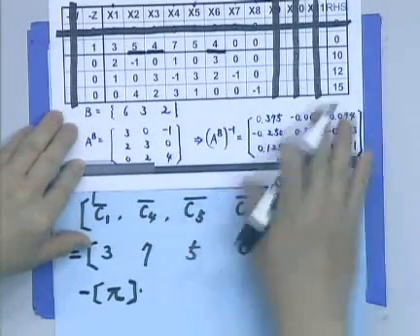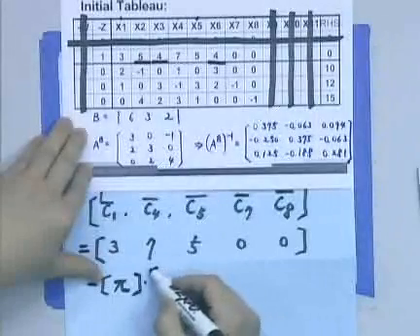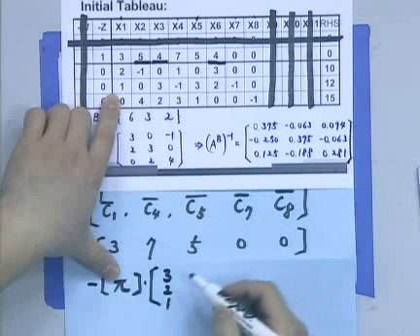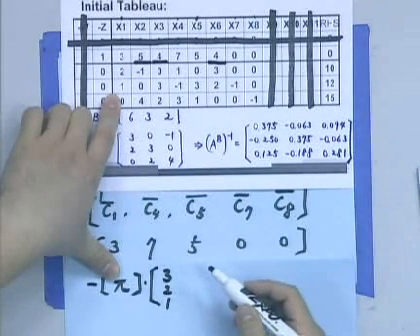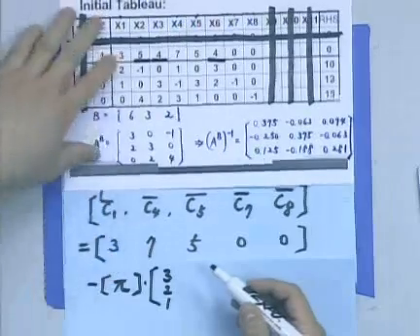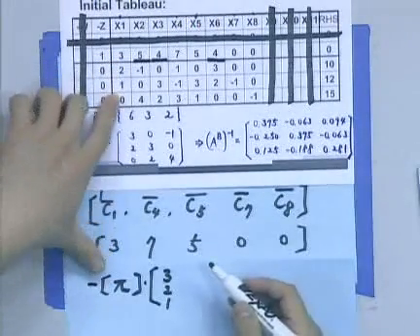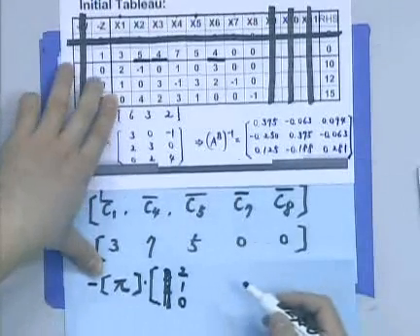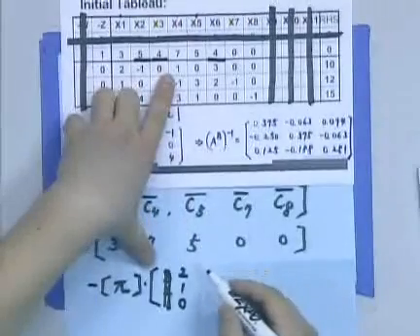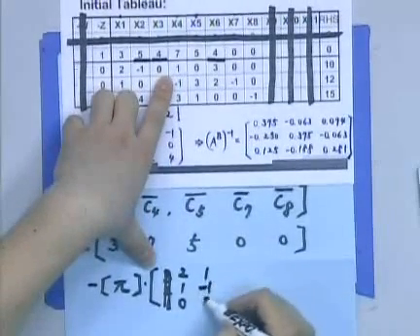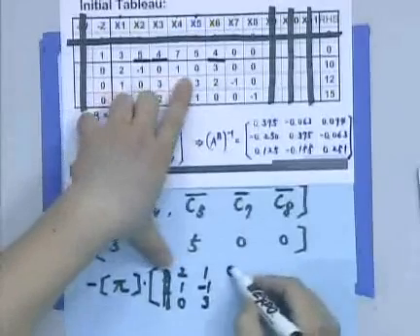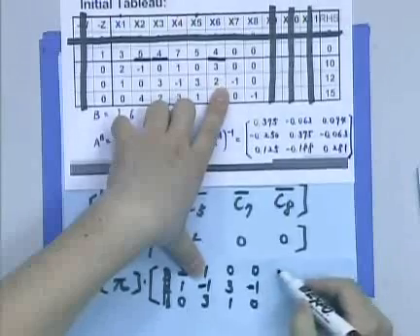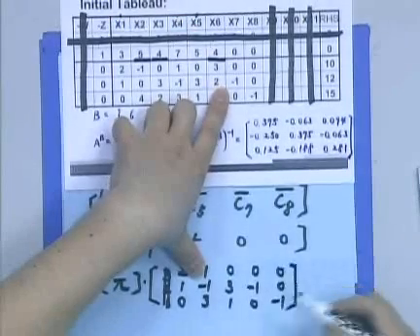So it should be 3, 2, 1, right? Oh, yeah, you're right. Sorry, it should be 2, 1, 0. And then the next column is 1, negative 1, 3, and 0, 3, 1, and 0, negative 1, 0, 0, 0, negative 1, right?